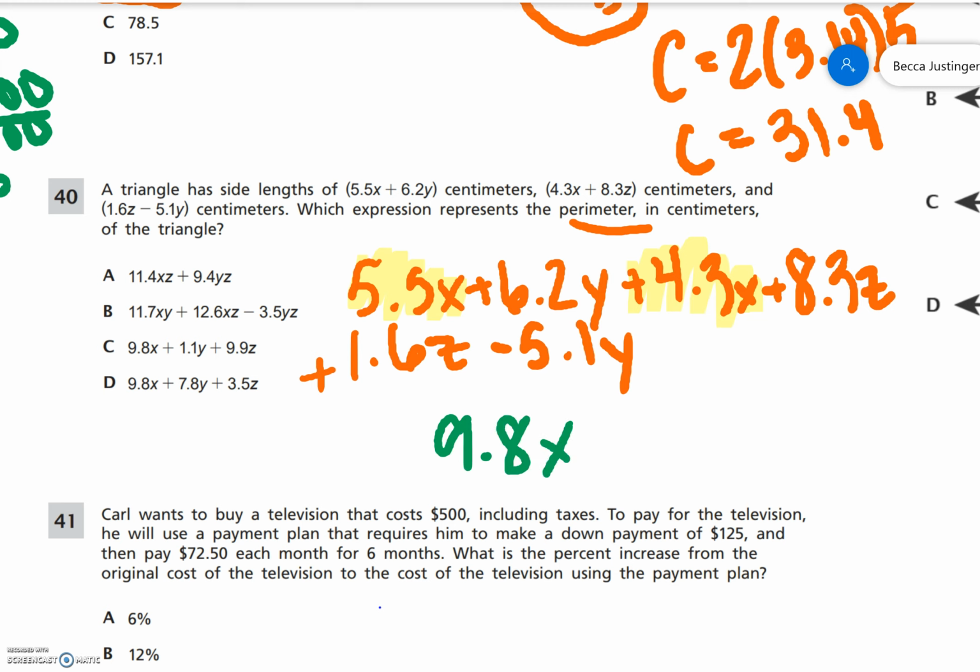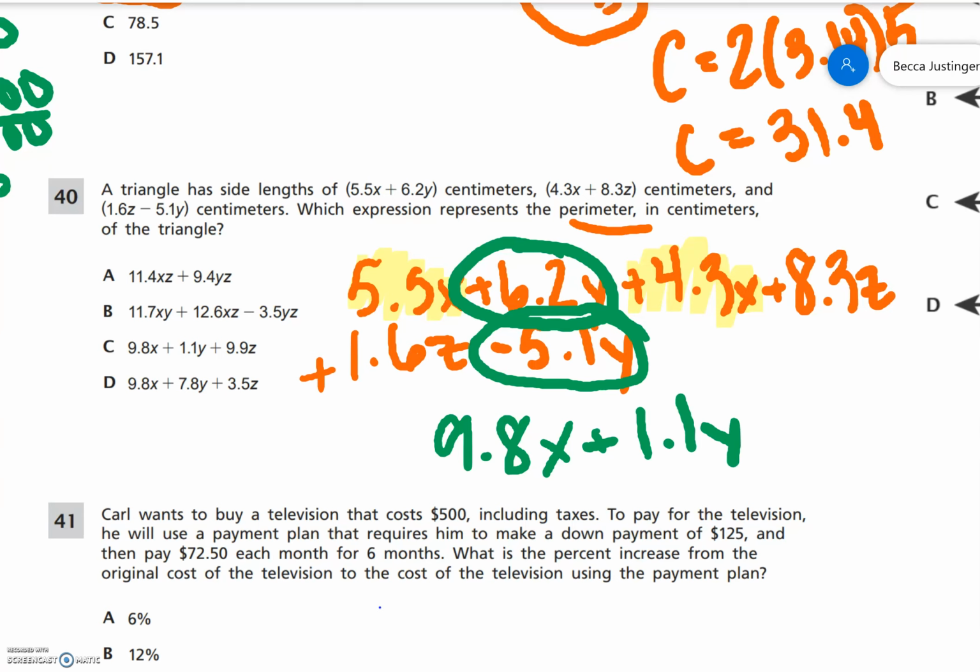And then let's gather our y's, plus 6.2y minus 5.1y. That's going to give us 1.1y. And last, the z's, 8.3z plus 1.6z is equal to 9.9z. So that matches up with C.